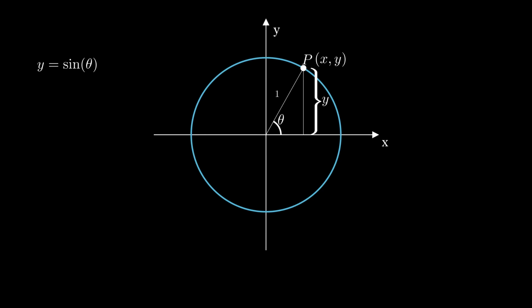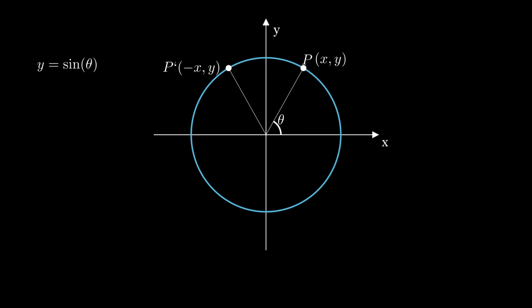Now watch what happens when I increase theta by 2 pi. Nothing really. The y coordinate stays the same, therefore sine theta is the same. We already knew that. The point is, this point also has the same y coordinate. Its x coordinate is minus x because it's just a reflection of P about the y axis.